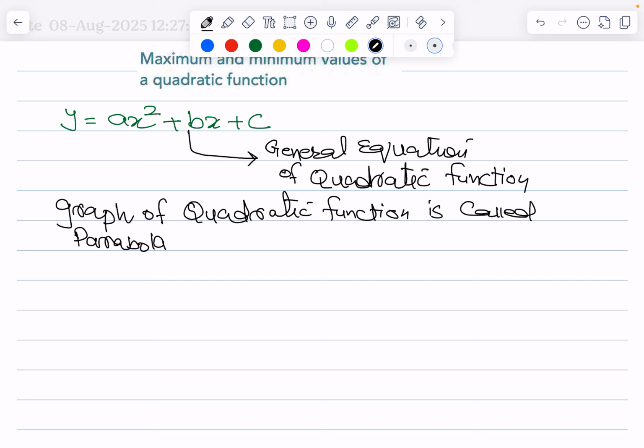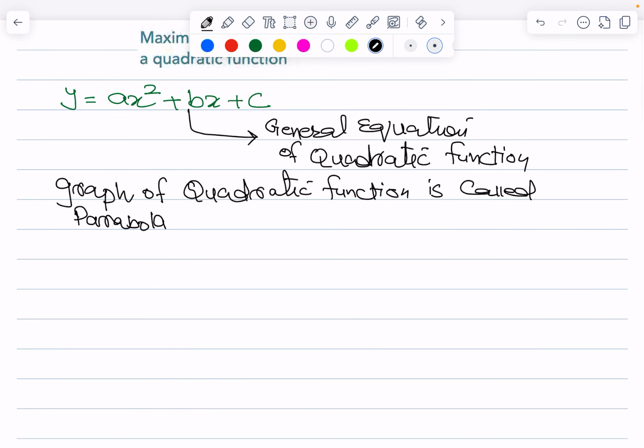We have two types of graphs. Number one, if a is greater than 0, we have this kind of graph, and this is the minimum value.